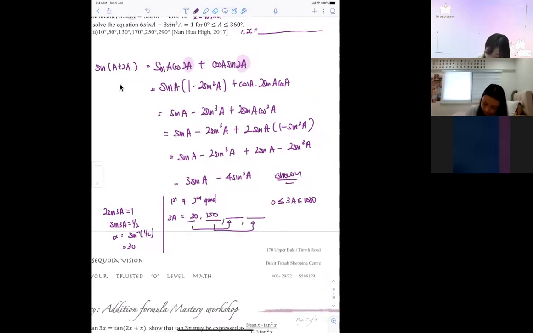And then once you find all the value, you can continue adding 360 until you get all the value within your domain, and then you find for A. Can both of you do that and take a picture, send me?